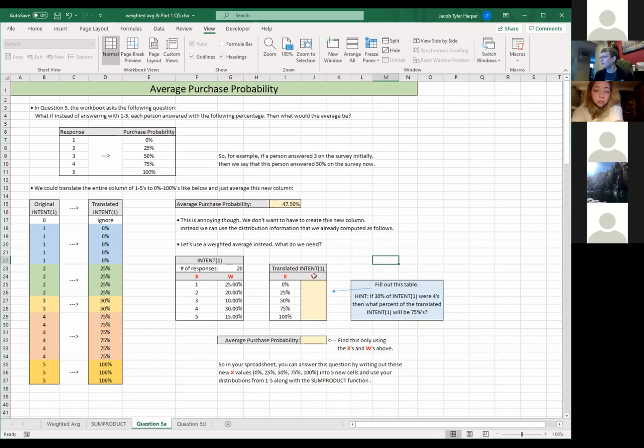Well, that means we actually know the weights of this column, even though we're pretending we can't see it, because it was a 1-to-1 replacement. So whatever percent of them were ones is going to be the same percent over here that are zeros. And whatever percent of these over here were 3s is going to be the same percent over here that are 50s.